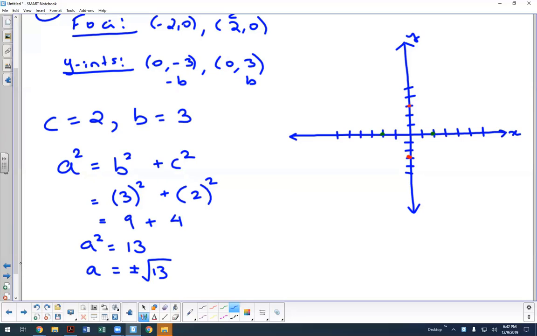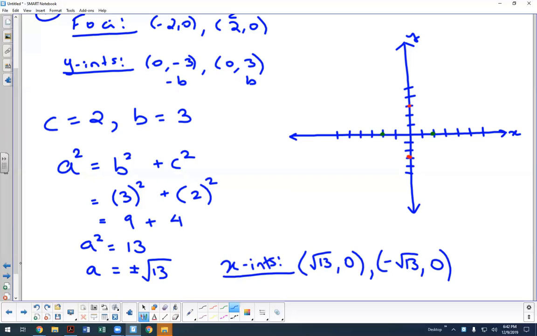So if I had to write my x-intercepts, they would be positive square root of 13 and 0, negative square root of 13 and 0, which are not nice numbers. So where can I approximately graph positive and negative square root of 13? We need a decimal approximation so we can actually sketch our graph.